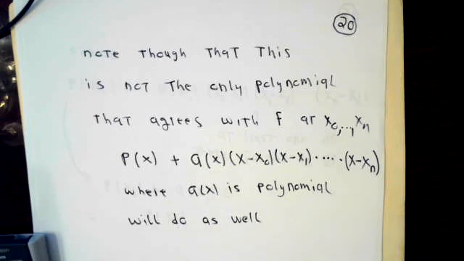It's just not going to have the minimal degree possible. Later on, we're going to take advantage of the fact that the polynomial of degree less than or equal to n that interpolates the data is not the only such interpolating polynomial, but it is the only interpolating polynomial of degree n or less.